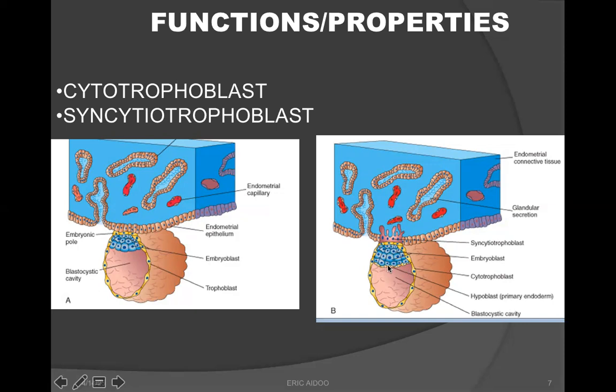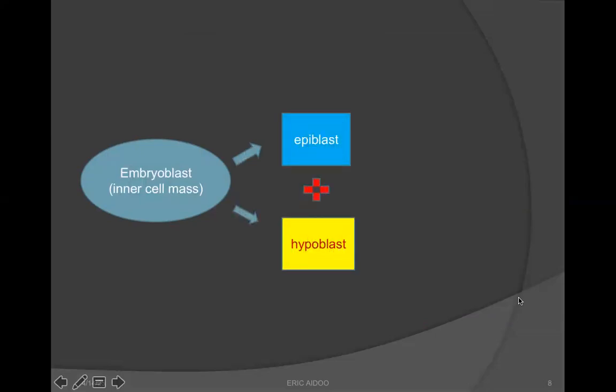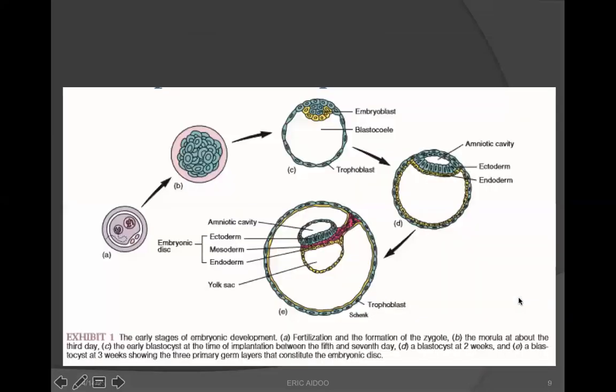So we are actually entering week 2, where you have 2 structures being formed. So you have the embryoblast there, now you have the hypoblast, which is also termed the primary endoderm. So embryoblast is inner cell mass, which forms epiblast and hypoblast. The 2 together will form the bilaminar disc.